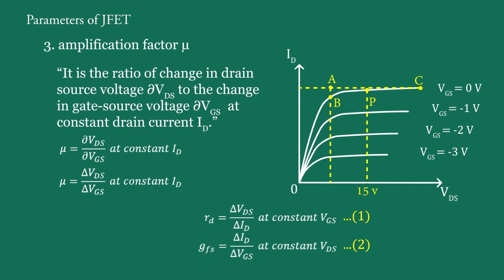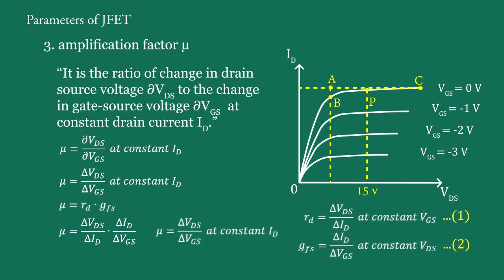If we multiply equation 1 and 2, then we get mu, that is, mu equal to RD into GFS, which is equal to, if we put the value of RD and GFS from equation 1 and 2, mu equal to delta VDS upon delta VGS at ID constant. These are the parameters of the junction field effect transistor.